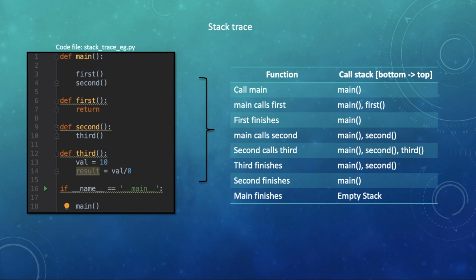The main method call is pushed onto the stack. Then main calls first and we push first onto the stack above main. Then when the first function finishes, we pop the first function call from the stack and so on. It means when we are calling something, we are pushing it onto the stack. When it is done, we are popping it out of the stack.